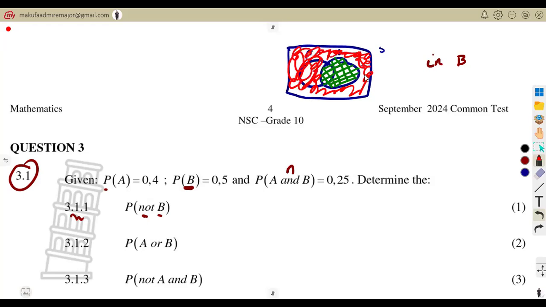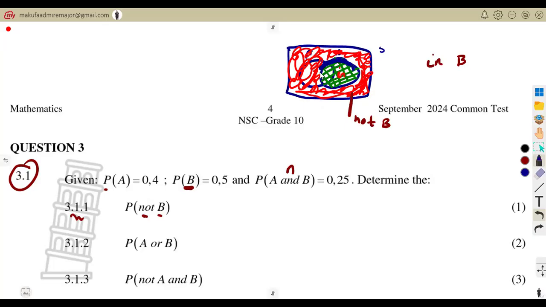So what is the relationship, guys, from our understanding, between what is in B, this one, and what is not B? What does it tell you, guys, in your understanding?